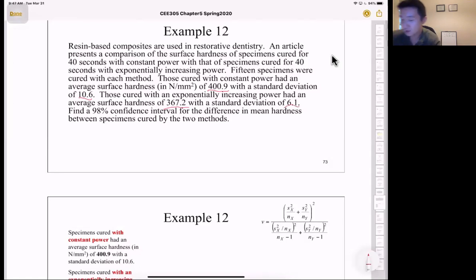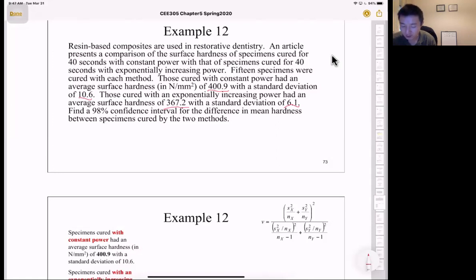So we have two sets of values with the mean and standard deviation. The question asks for a 98% confidence interval for the difference in the means.